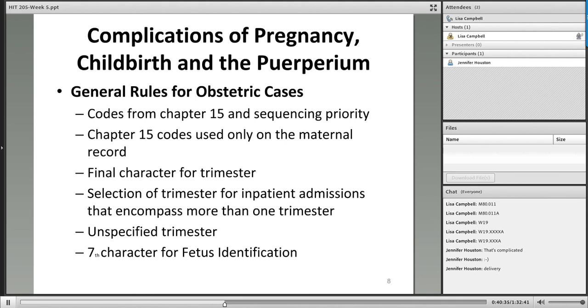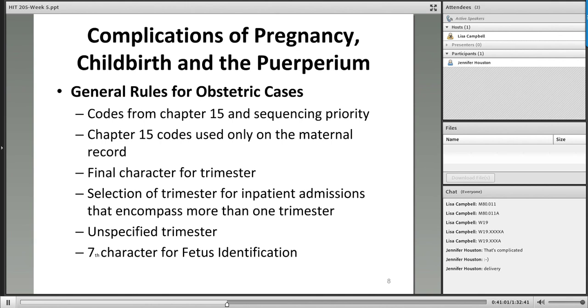Okay, a couple of things I want to show you under the main term pregnancy. Under the main term pregnancy, there's lots of subterms and subterms to the subterms. If I were you, I would go in my book and identify these major subterm areas. I'm going to show you some examples.